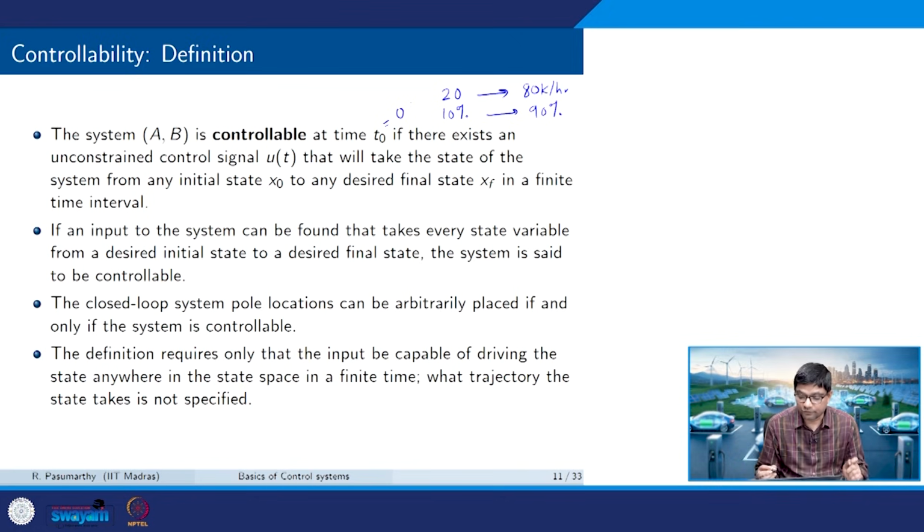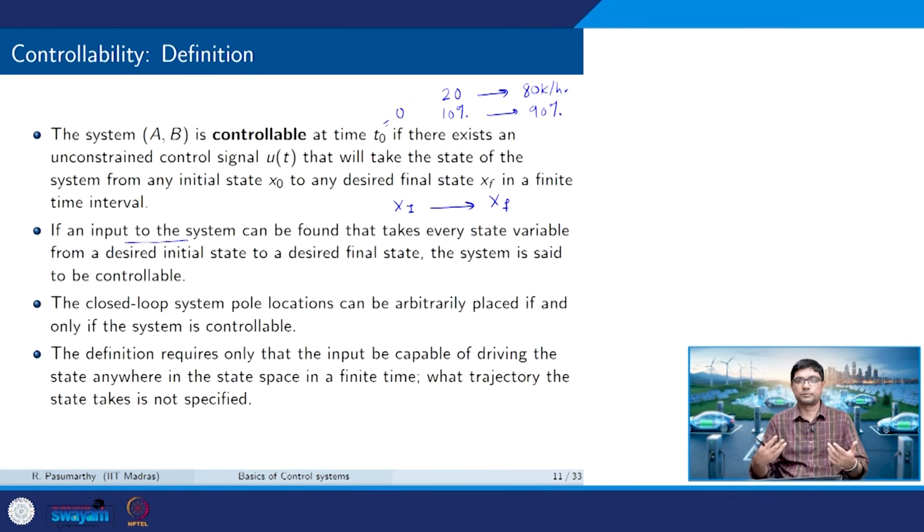Now, if such an input to a system can be found that takes every state variable from a desired initial state to a desired final state, the system is said to be controllable. And if I can control the system, I can do a bunch of things with it.